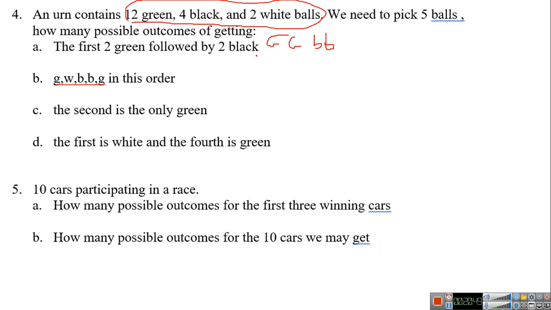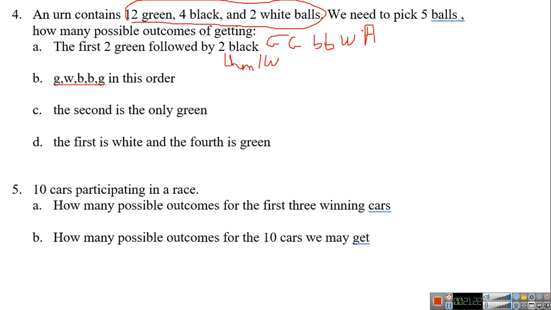I didn't say that I pick a ball, return it back, then pick another ball and return it back. No, I said I want to pick 5 balls in order, so order is important.